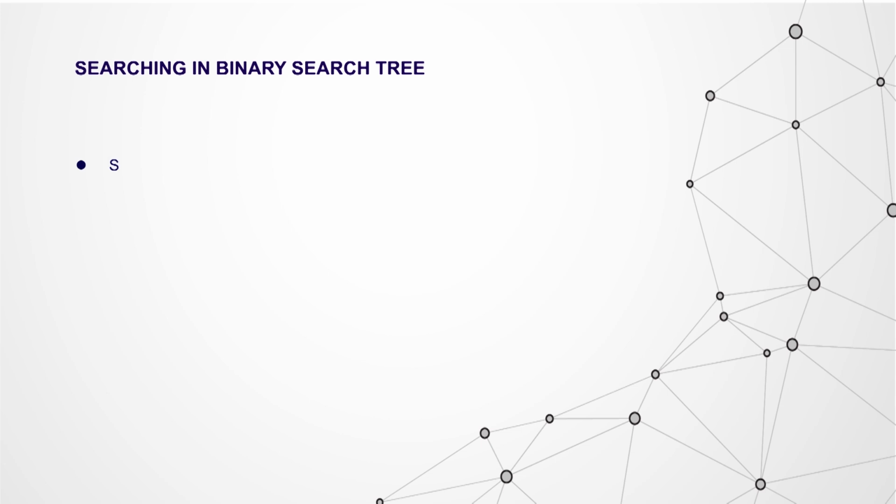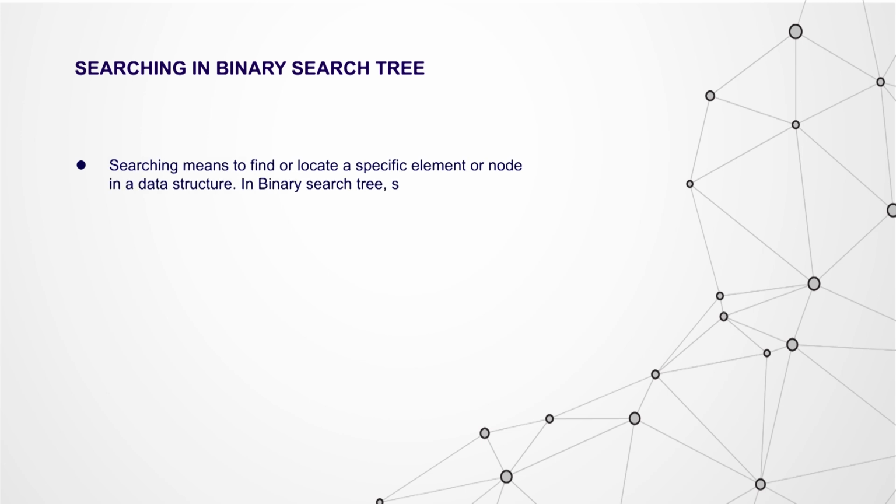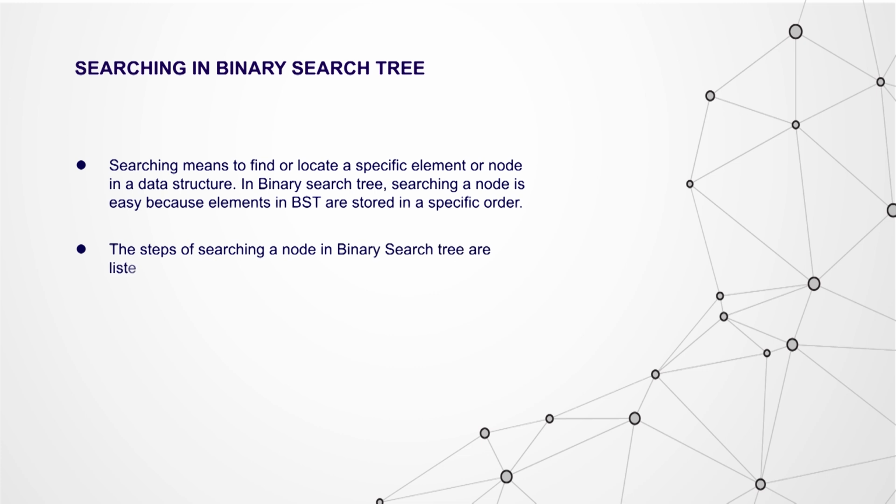Searching means to find or locate a specific element or node in a data structure. In a binary search tree, searching a node is easy because elements are stored in a specific order. The steps of searching a node in a binary search tree are listed as follows.